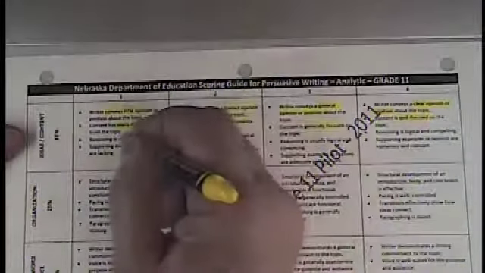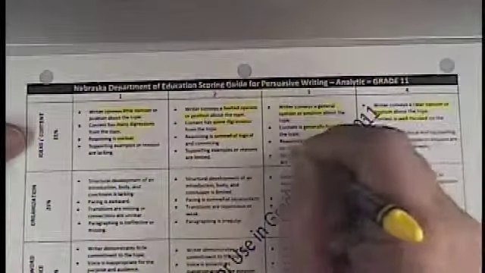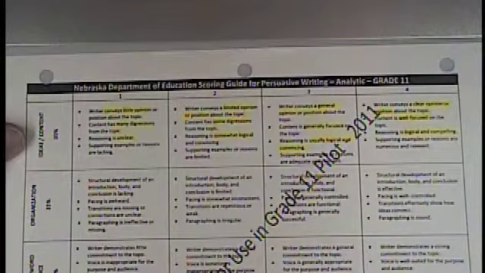Considering the reasoning. Reasoning unclear, somewhat logical, usually logical and convincing, logical and compelling. You see how I'm looking mostly at the key ideas or the key verbs, the key adjectives that are talking about things.